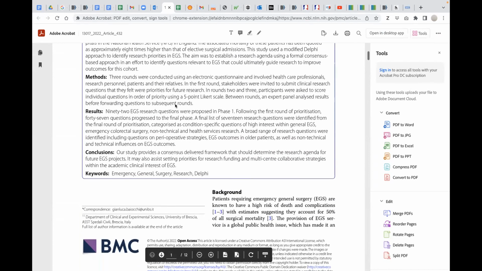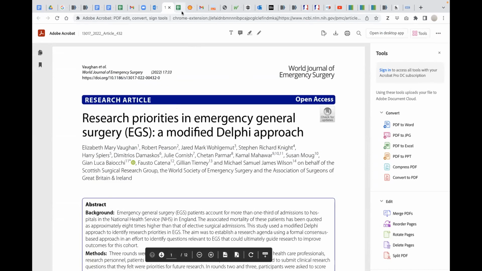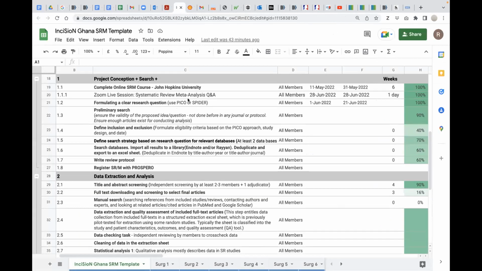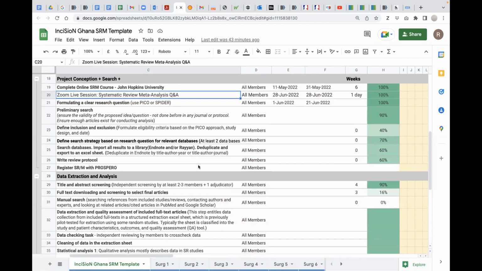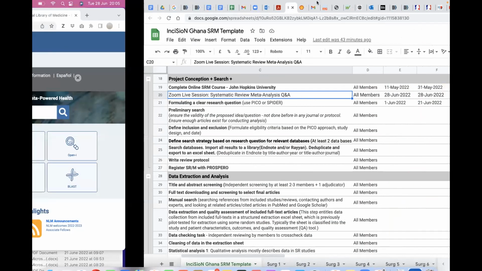It will give you ideas as to the things that need researching. And then the second thing is, we are at this point in systematic review, and hopefully we'll be going through this as the days go by. We are going to add every single one of you on the pages to this sheet, and then we would record exactly what each individual does as the days and weeks go by. So just watch out for this.